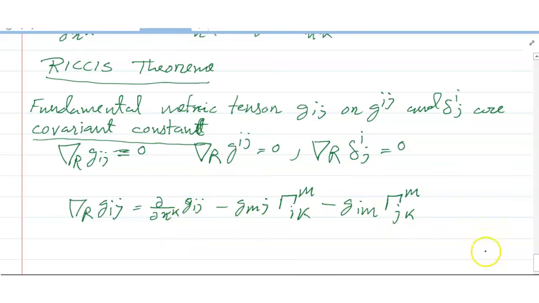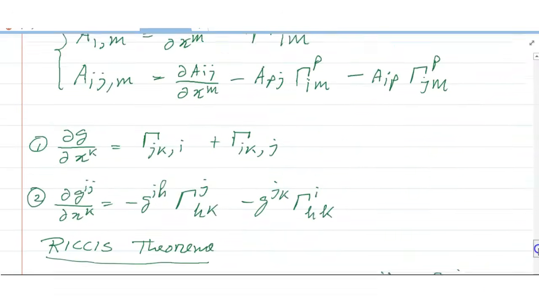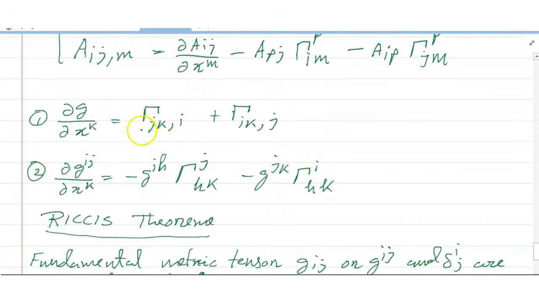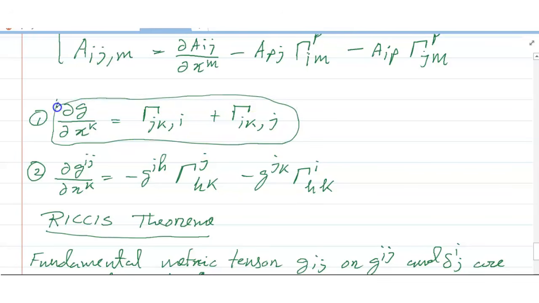Now friends, I discuss this formula. This is my formula for del g_{ij} divided by del x^k, and this formula I have to use in here.